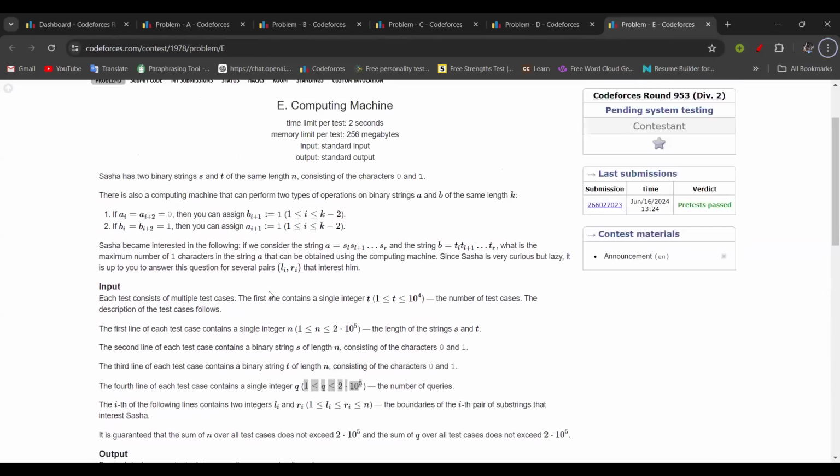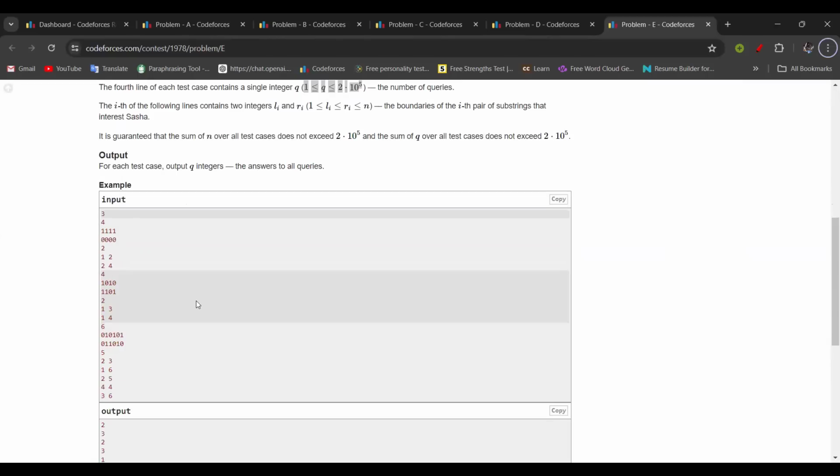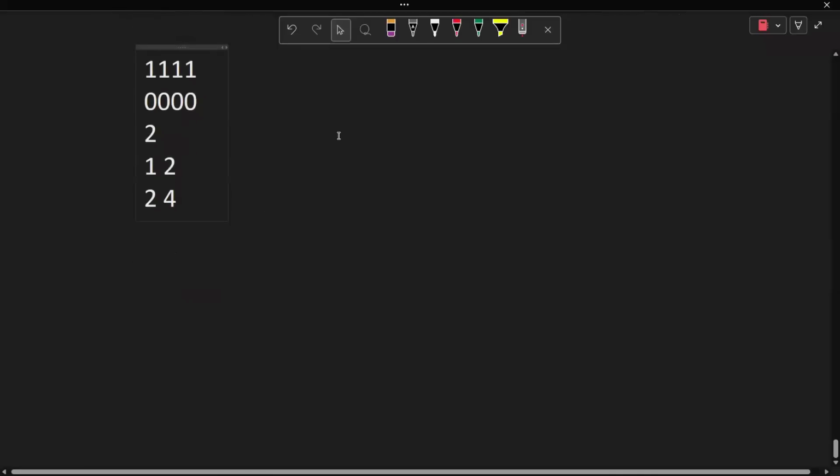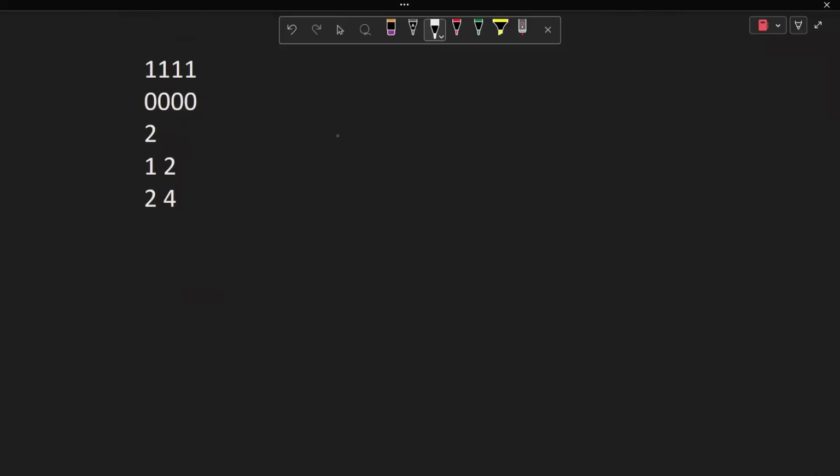So let's now understand this problem first. Let's take the first test case. We are given this S, and this is our P. So these two strings we are given, and then we are given two queries.